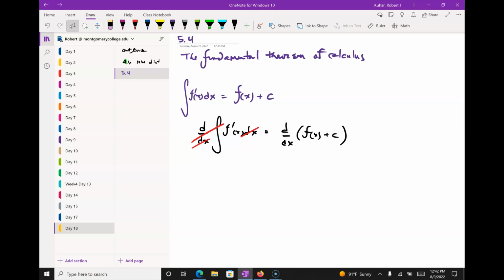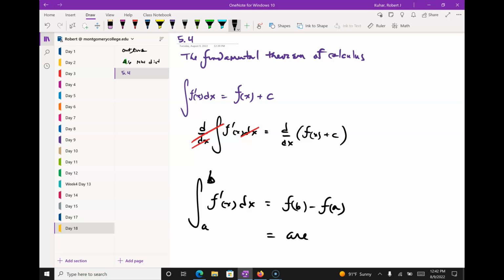Here's where it gets weird. The integral from a to b of f prime of x dx is f of b minus f of a, which is the area under the curve.